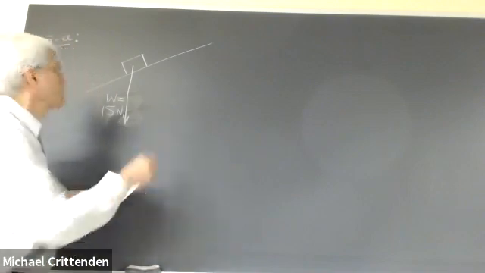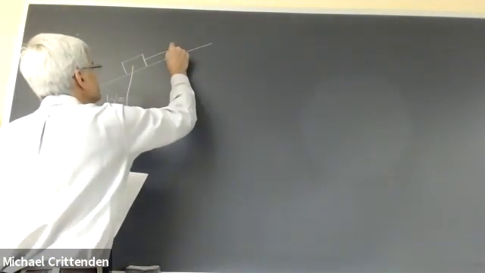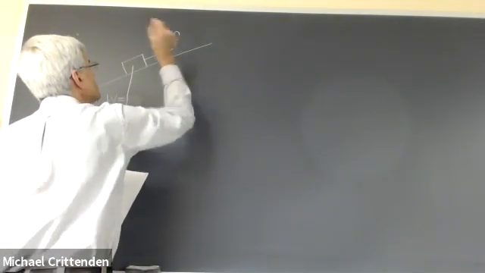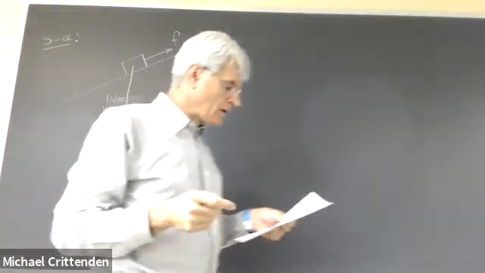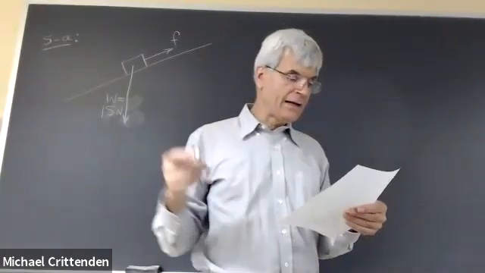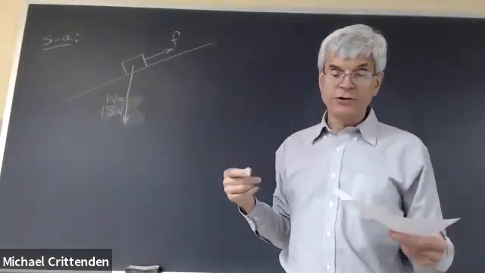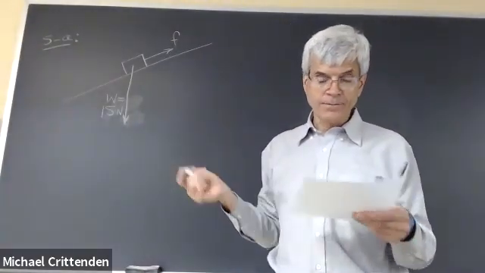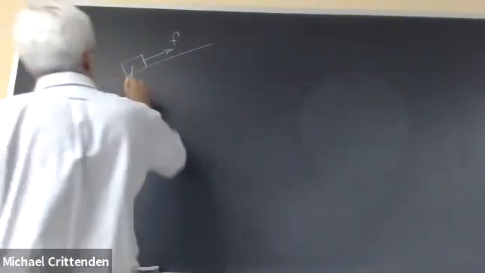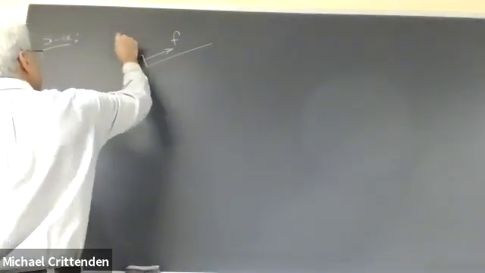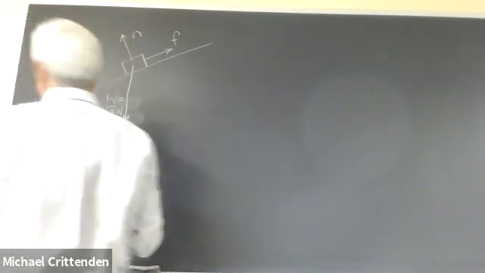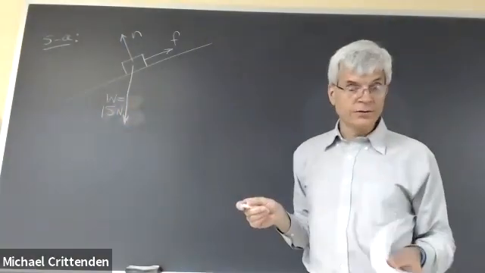There would be friction. Friction always opposes motion. So if the box is sliding downhill, friction points uphill. And there would be the normal force, whose direction is normal to the ramp.